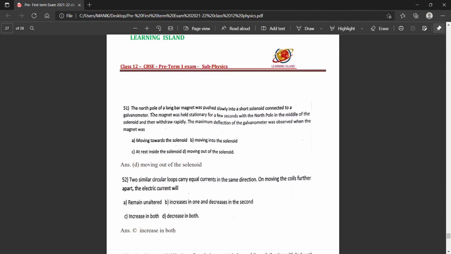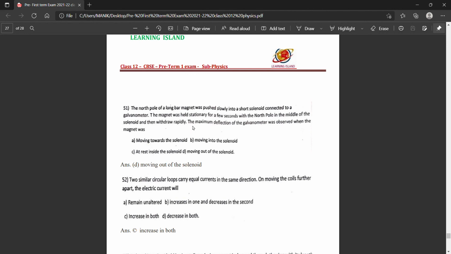Question number 51. The north pole of a long bar magnet was pushed slowly into a short solenoid connected to a galvanometer. The magnet was held stationary for a few seconds with the north pole in the middle of the solenoid and then withdrawn rapidly.